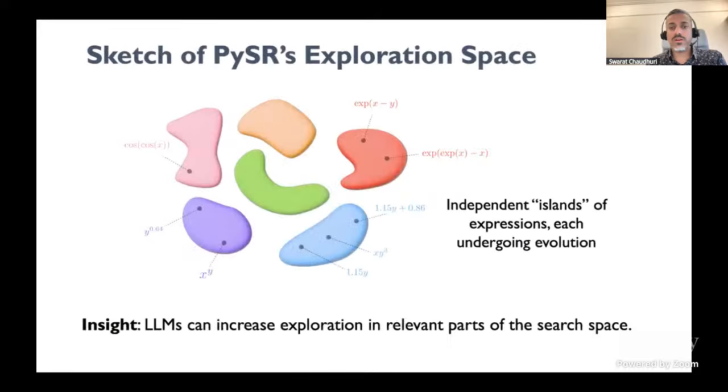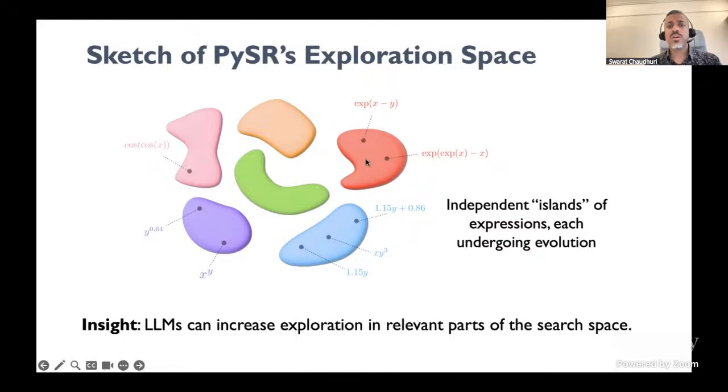One way to think about how LLMs are relevant is that these clusters or islands of expressions capture various classes of functions. For example, in this red one over here, you may have exponential functions. In this case, you may have trigonometric functions where you have the cosines.